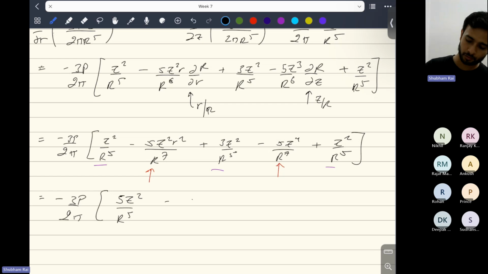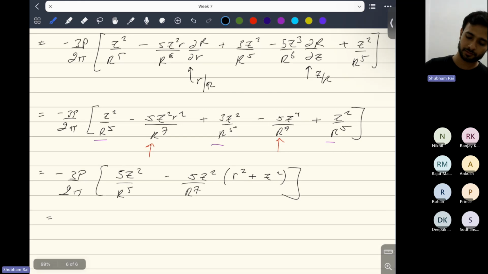And then here you can take 5 z square over R to the power 7 as common. Finally, from the first term we will get r square, and from the second one you will get z square, and you know that r square plus z square is capital R square. So finally this is going to be capital R square, and R square by R7 will be R5.